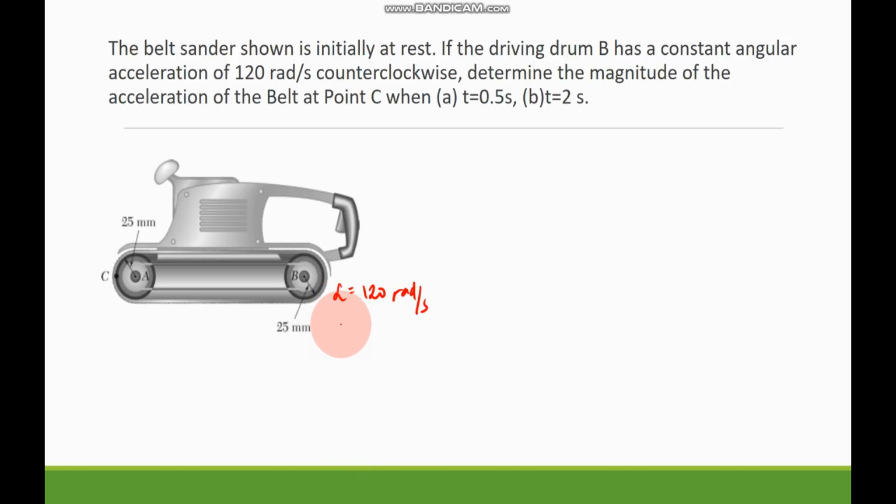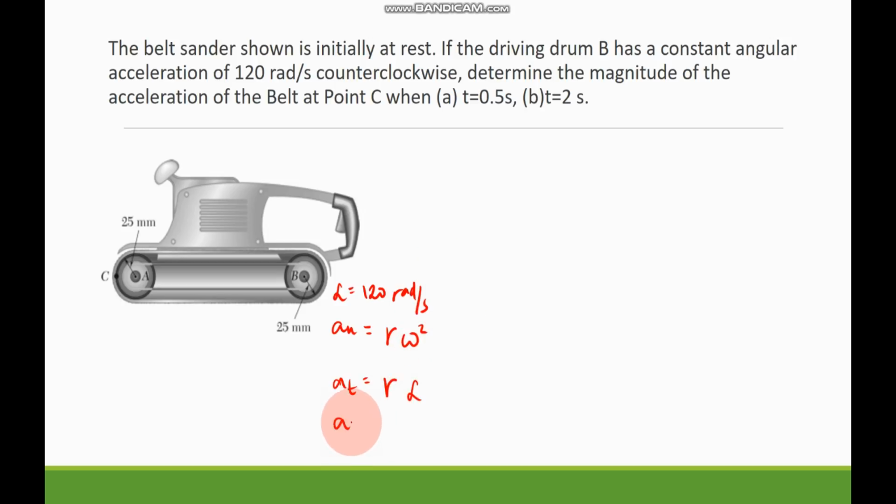So we have the normal component of acceleration equal to the position vector r multiplied by the angular velocity squared, and then the tangential component is equal to the position vector r multiplied by the angular acceleration.